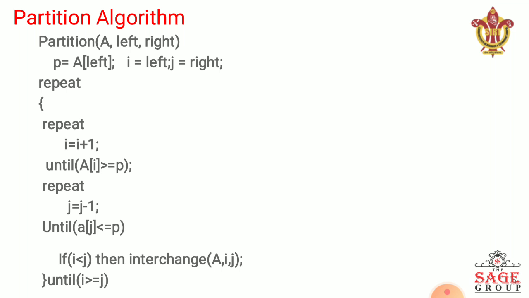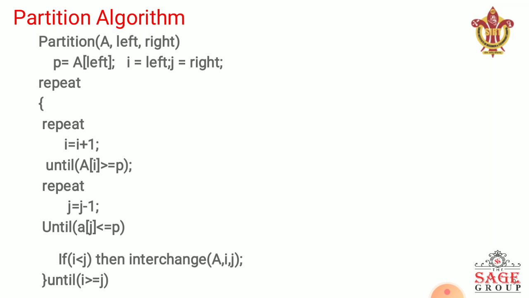We have to apply a repeat-until loop. In the repeat-until loop, we repeat i = i + 1, which means we increase the i index value by one, to find a value larger than the pivot. So we increase the i pointer until a[i] is greater than or equal to p.